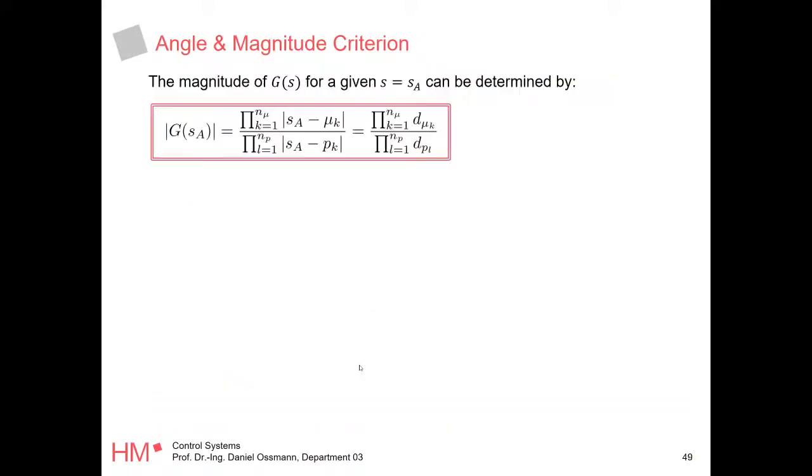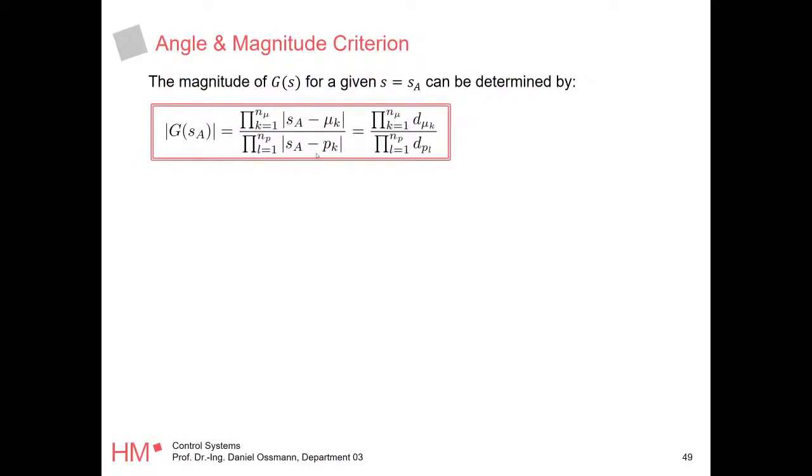And there is also some good news. If you want to compute the gain of a transfer function to a certain point, here s_a, the point where we desire our closed loop poles to be, this is the not so nice equation.